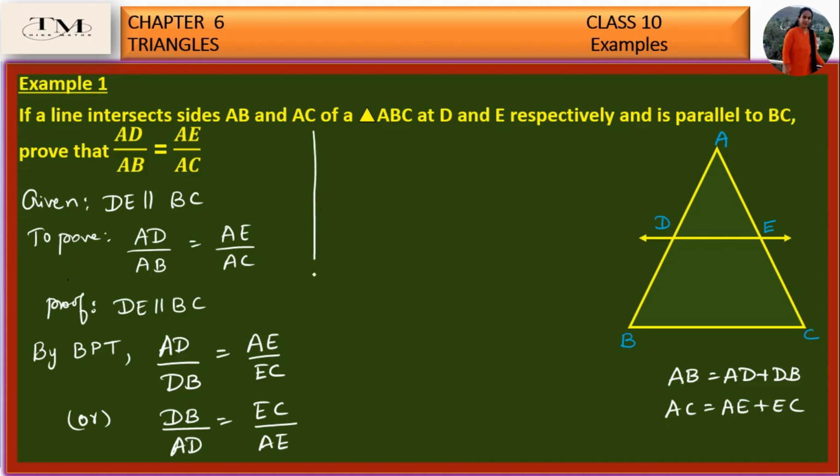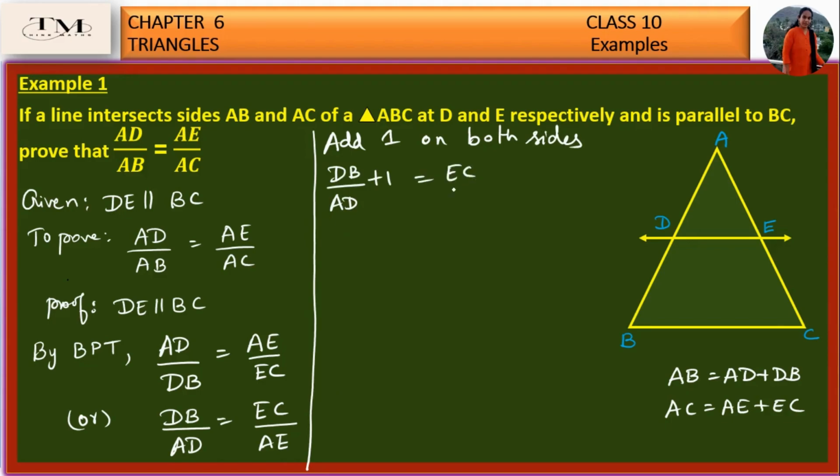Now let us do that procedure. Add 1 on both sides. So, what do we get? DB by AD plus 1 equal to EC by AE plus 1. Now let us take the LCM.